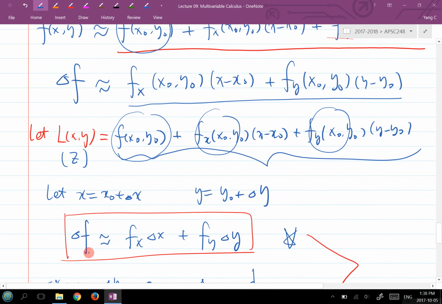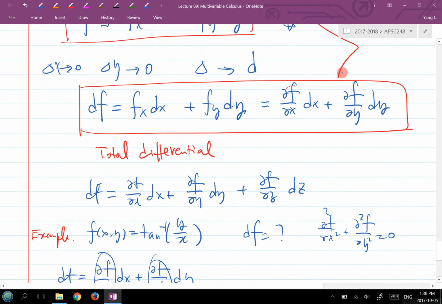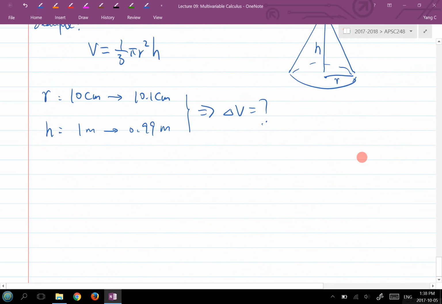So this is how we will approach this one. Delta v is approximately partial v over partial r times delta r plus partial v over partial h times delta h.